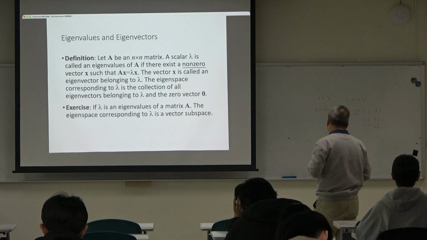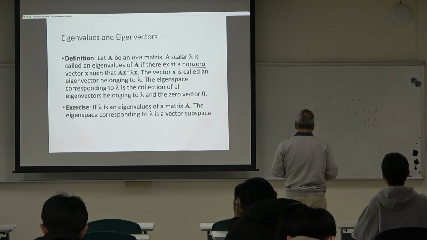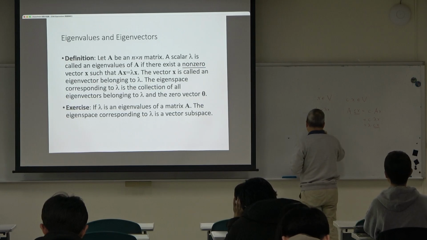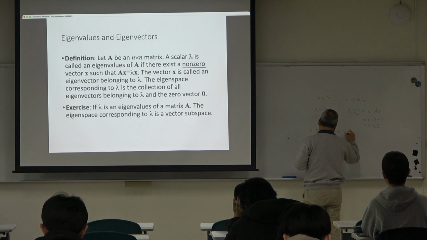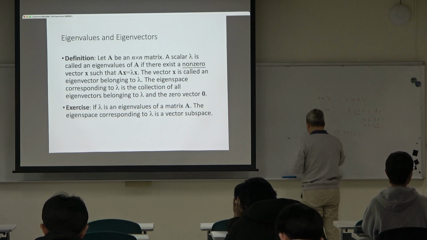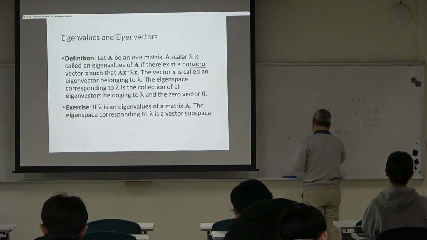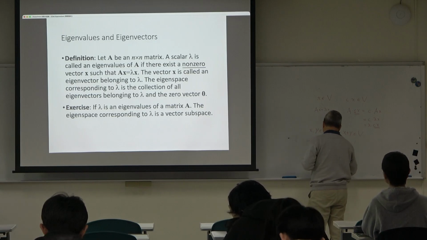The third one: if x, y are in B, we need to show that x plus y is in B. That's also a given. x in B means Ax equals lambda x. y in B means Ay equals lambda y.